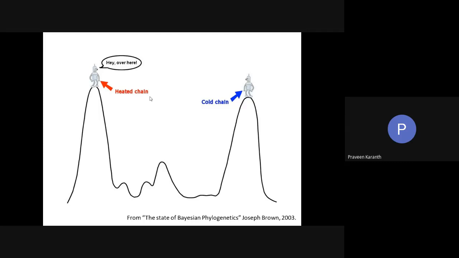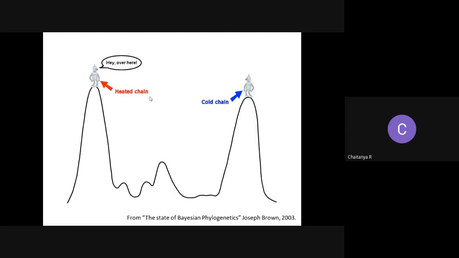So basically you pick the best tree, and you're sampling only from the cold chain. Every time the hot chain gets a better tree, you start sampling from that hot chain, and your cold chain now becomes a hot chain, and the process continues. I don't know if that makes sense, but when we run MrBayes, hopefully this will become clear.